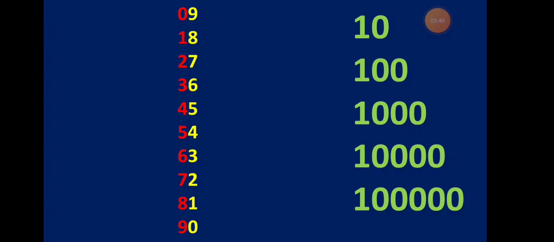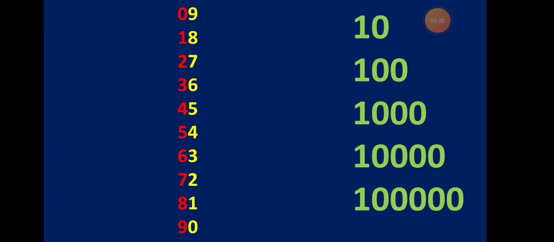Now children, you can see the table of 9. You can see 9, 18, 27, 36, 45, 54, 63, 72, 81 and 90. When you look at the numbers in the units place, it goes backward counting: 9, 8, 7, 6, 5, 4, 3, 2, 1, 0.